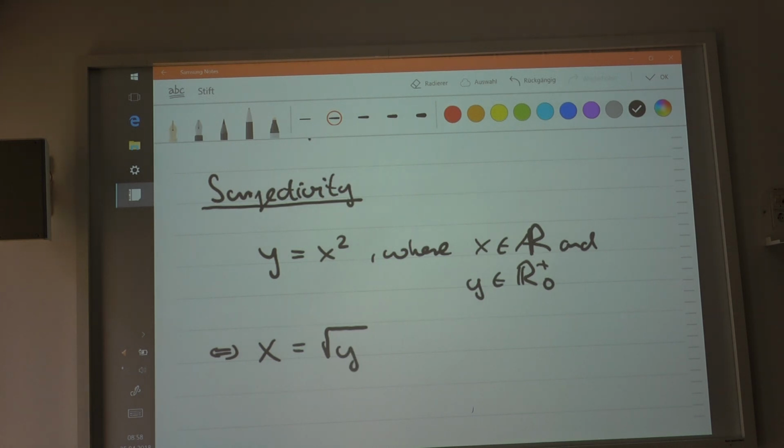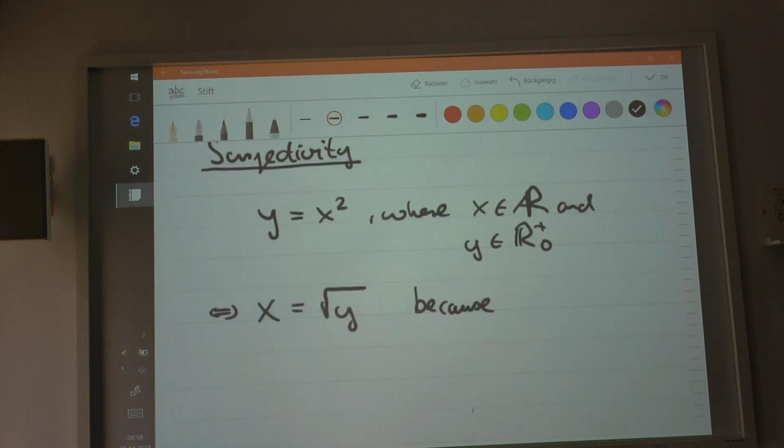This is equivalent here because if you would take the negative of the square root of y, it is not from the set R plus 0.